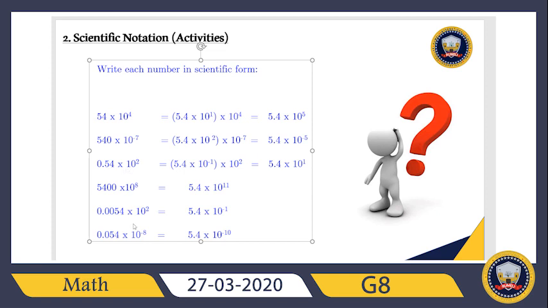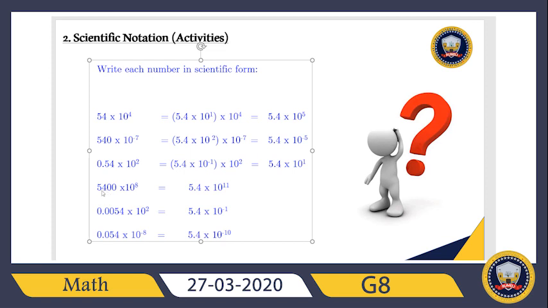Now for these next examples, I'm not going to show this step. I'm going to show directly the answer. You should be quick at reasoning these things. Let's go to this number, 5,400 times 10 to the power of 8. It's not in scientific form. I need to make it scientific. So I will move my decimal point how many places? 1, 2, 3.